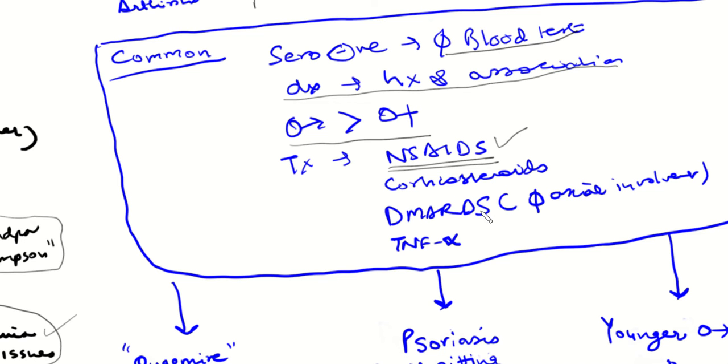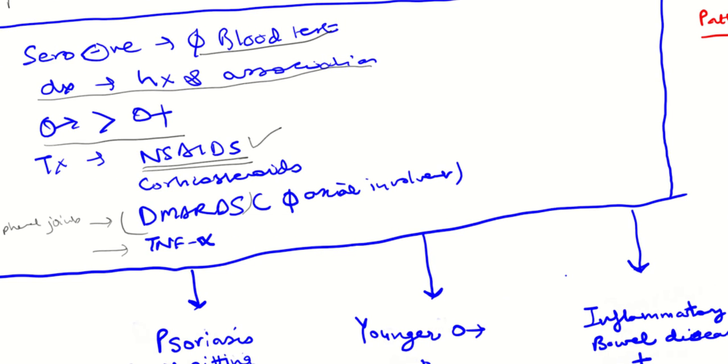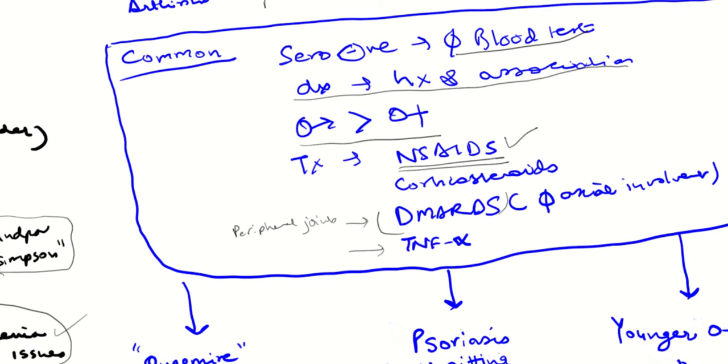Okay, and if they have issues that are related to peripheral joints, we can use DMARDs, and then we can use tumor necrosis factor alpha inhibitors as well. Okay, so that's what's common with all of them. Easy? Perfect. Let's move on.